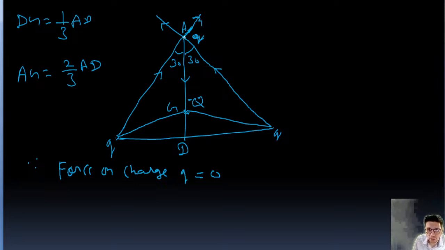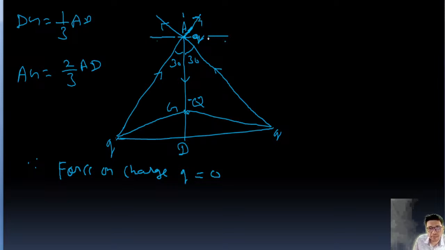So how is it balancing, how is it going to be 0? You can see the force between this is this, and if we take this perpendicular like this, you can see the force along this is going to be f cos theta, and along the vertical direction f sin theta. Similarly, the other force along this is f cos theta, and along the vertical direction f sin theta.